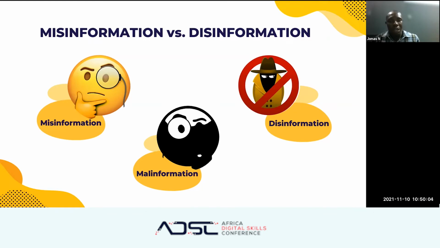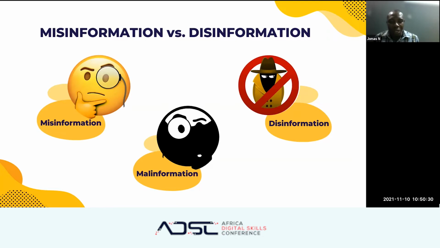This is deliberately planned. Point number 3, malinformation. The primary example of malinformation is the phenomenon of people leaking, let's say, the sex tape of their loved ones.